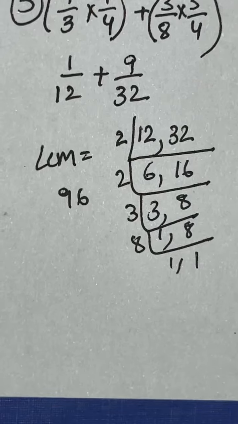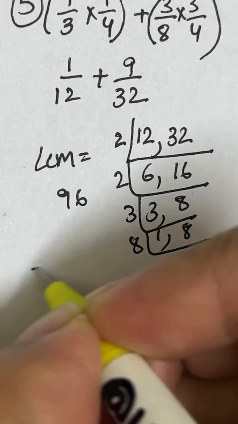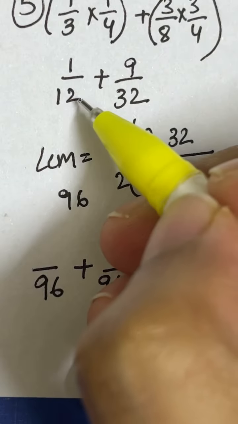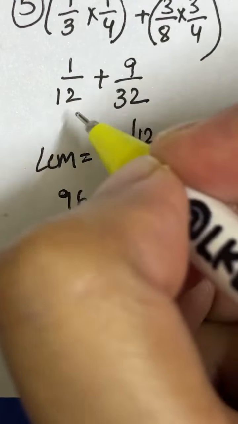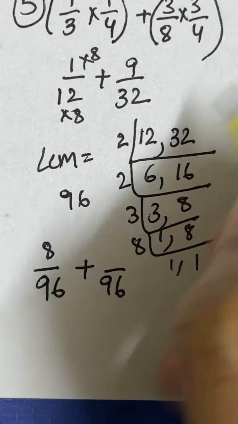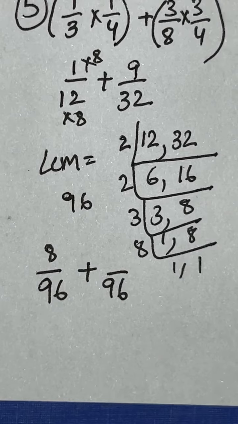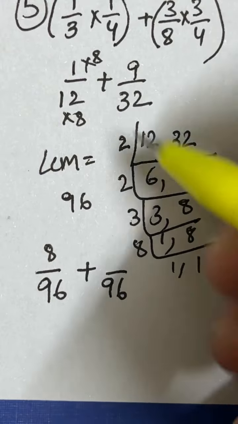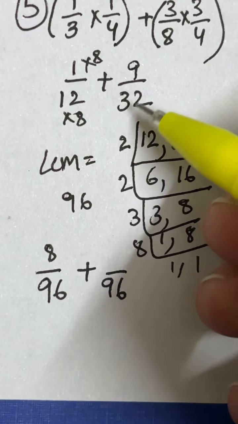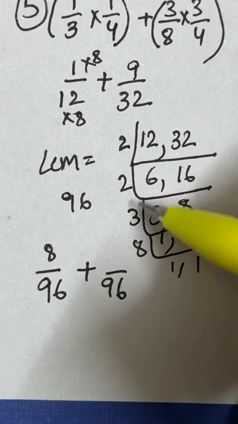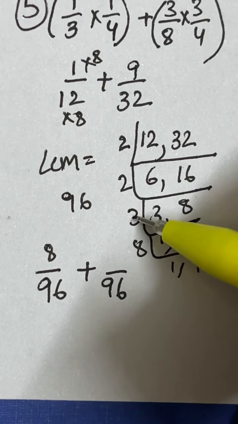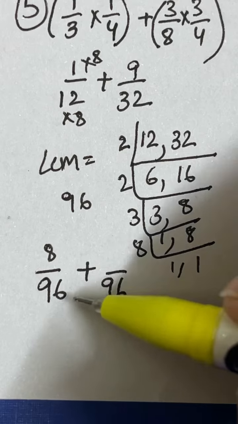Let's make the denominators 96. So we have 96 plus 96. Here, 12 times what makes 96? 12 times 8. So let's times 8. 1 times 8 is 8. And 32 times what makes 96? How can we find this out? You don't need to memorize the tables for that. You just check in your times table. 2 2s 4, 4 3s 12, 12 8s 96.